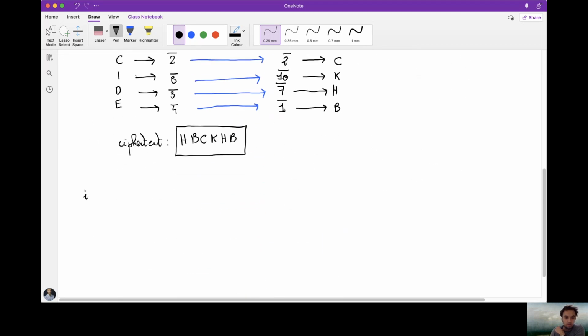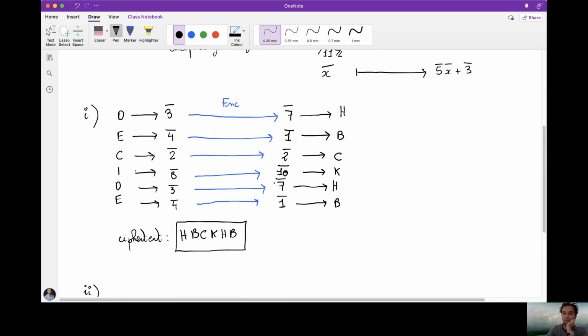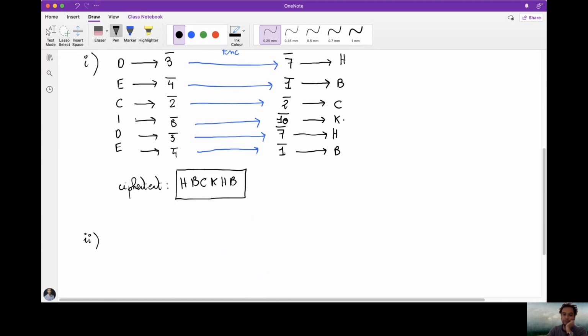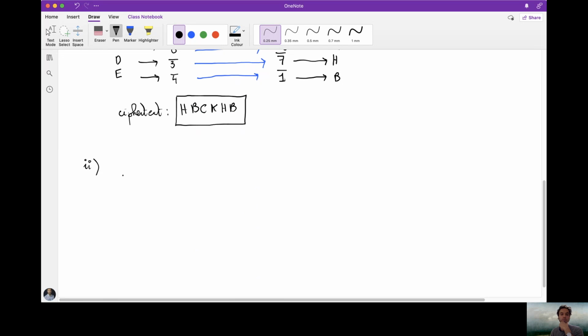So method 2, and for that we need the deciphering transformation that we have not written anywhere. We have talked about how to cipher messages using the enciphering transformation, but we don't know how to decipher. So we just need to find what the deciphering transformation is. Let's call Y the ciphered message unit, and X the plain message unit.